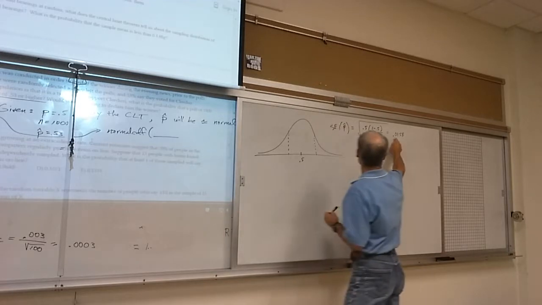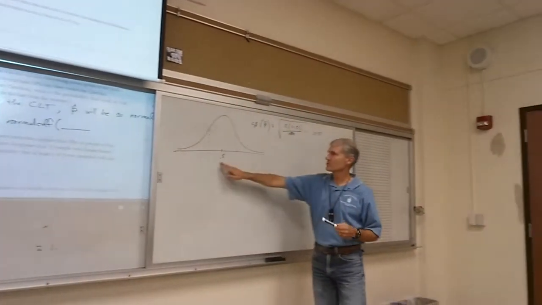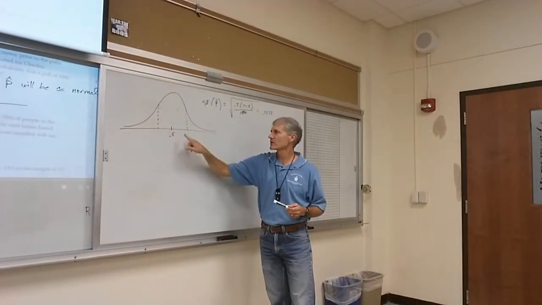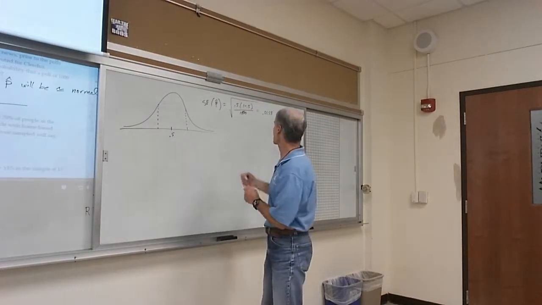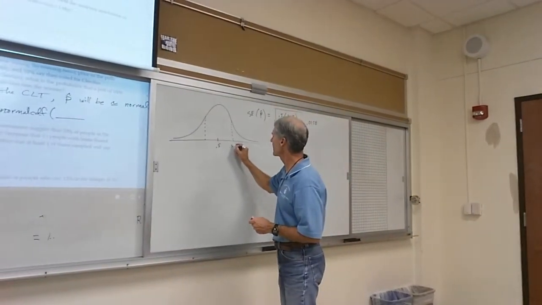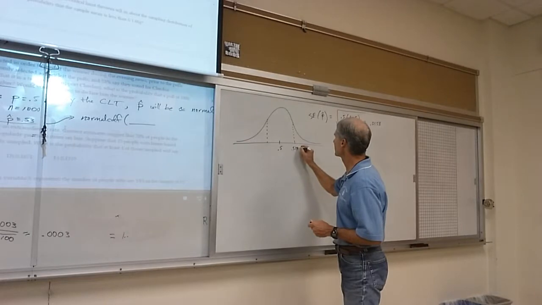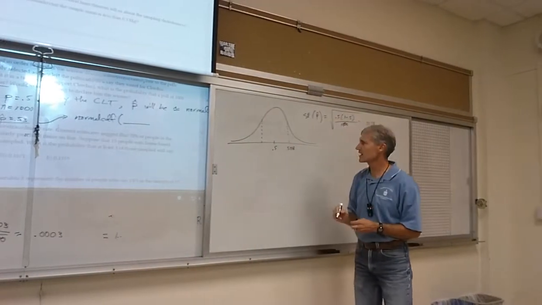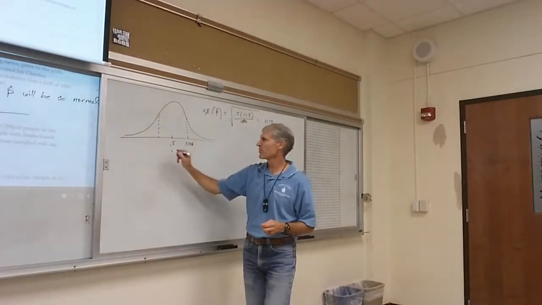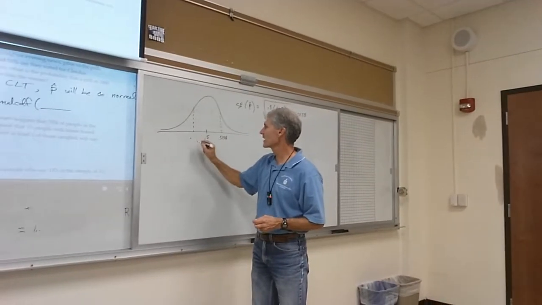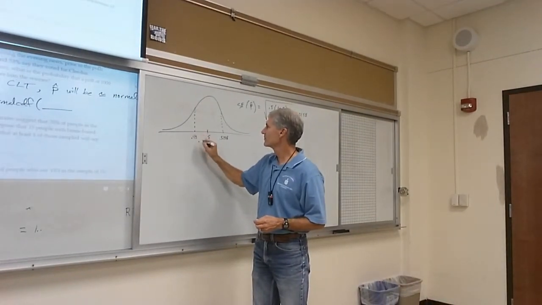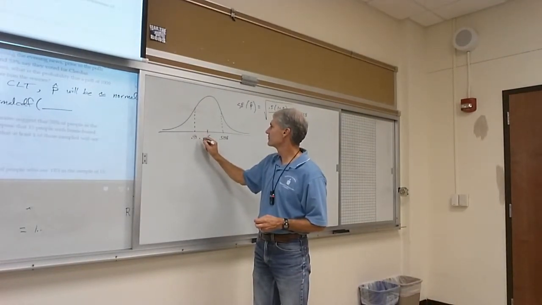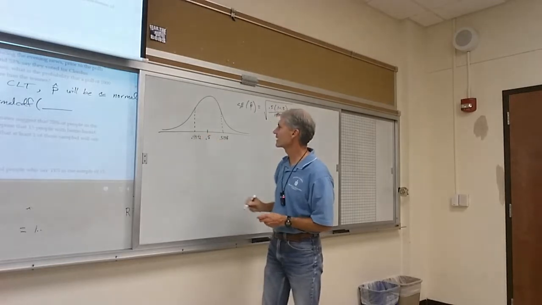So if I add that and subtract that from 0.5, I'll know what goes under these dotted lines. The adding I can do pretty easily: 0.5158. The subtraction is not so easy, but it'll be 0.48 something. Anybody have it? 0.4842. Okay.